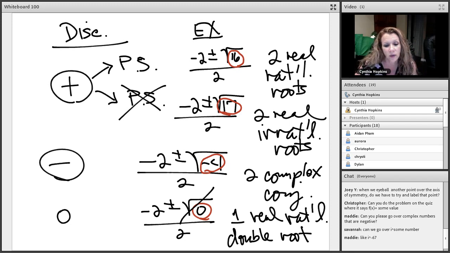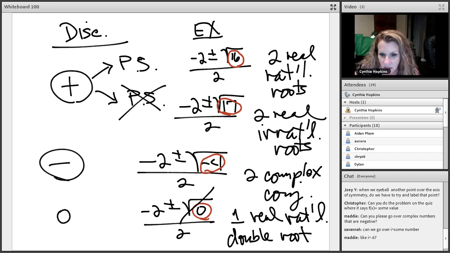The fact that it's 1 real rational double root tells me that if I had plugged in 0 for my y, then my vertex is at the x-axis, only 1 point on the x-axis, and it's whatever this number ends up being, -1 in this example. It's a double root, and it means my vertex lands right on my x-axis. It is the only point on the whole parabola that touches my x-axis. So we call that 1 real rational double root.